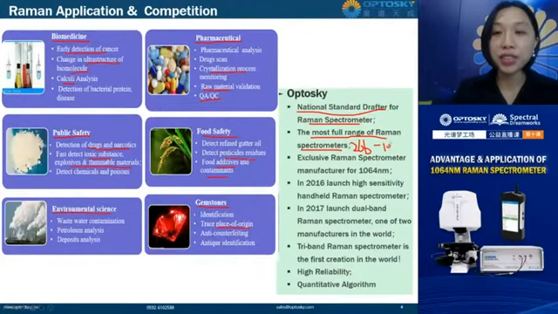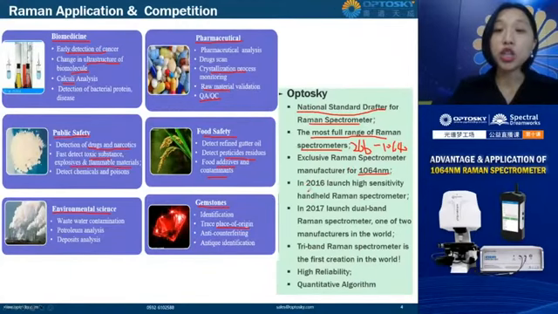All wavelengths can be covered by Optosky. We not only provide standard Raman spectrometers, but also accept customized manufacturing, and we are exclusive for the 1064 nanometer Raman spectrometers in the China market.